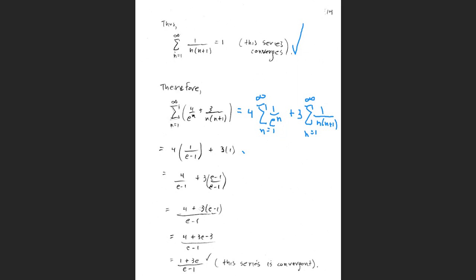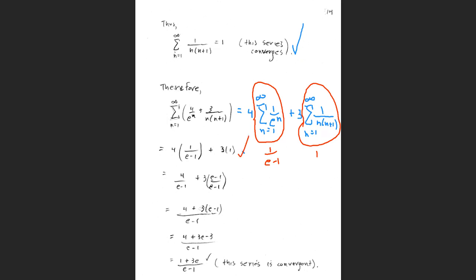And so now that will equal, what? Well, we established that this series here is 1 over e minus 1. And the second series here equals 1. And so we get down to here.